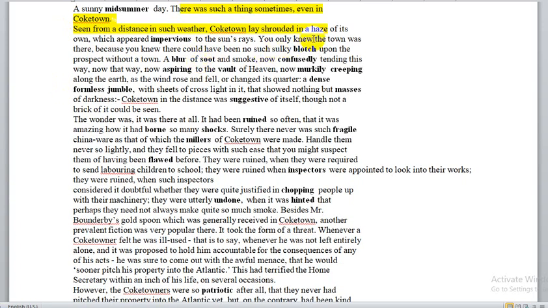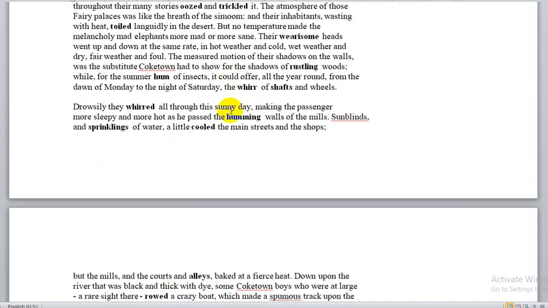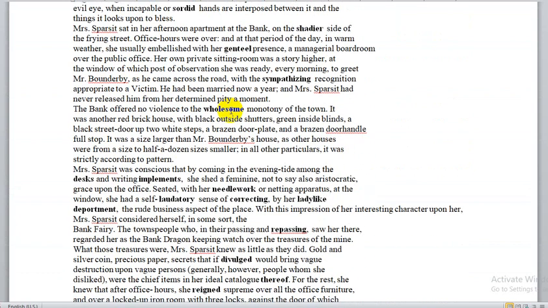"You only knew the town was there because you knew there could have been no such sulky blotch upon the prospect without a town." So the Industrial Revolution, the smoke, the products of the factories make it difficult to see that there is a city over here. I skipped these details because they are not very important.